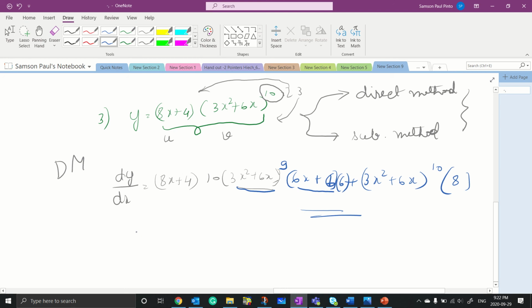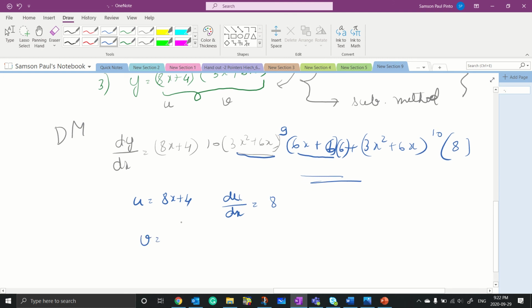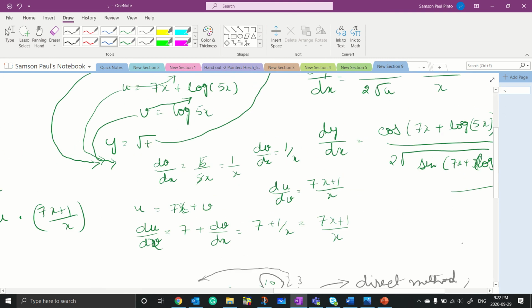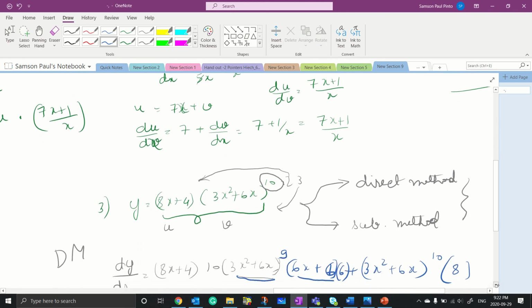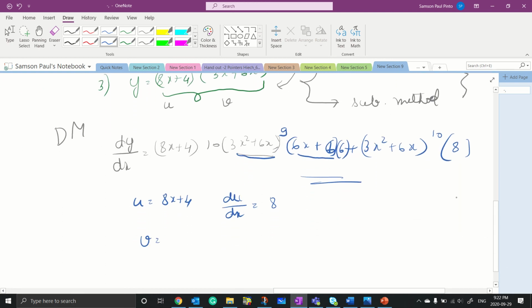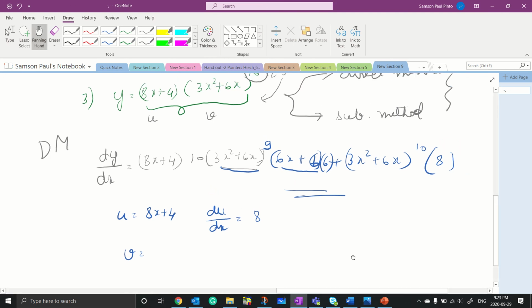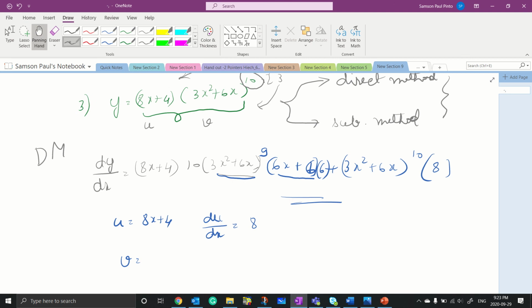Now if you were to follow the second substitution method, where you used to take u as 8x plus 4, you would get du by dx as 8. Let us use v equal to (3x square plus 6x)^10.